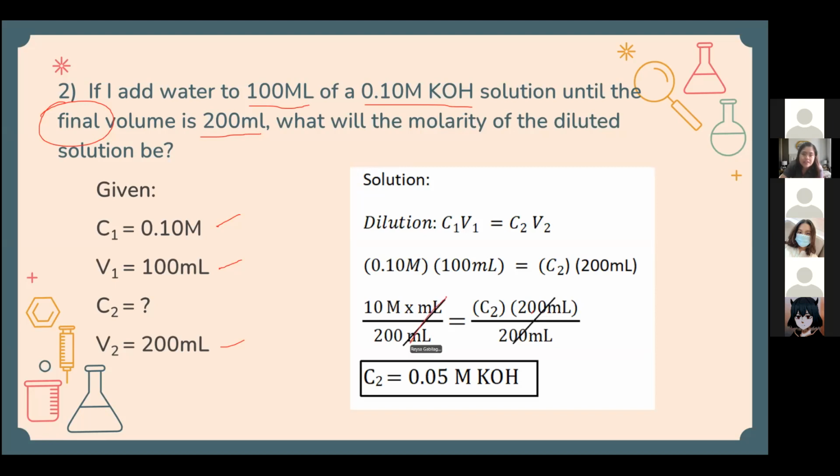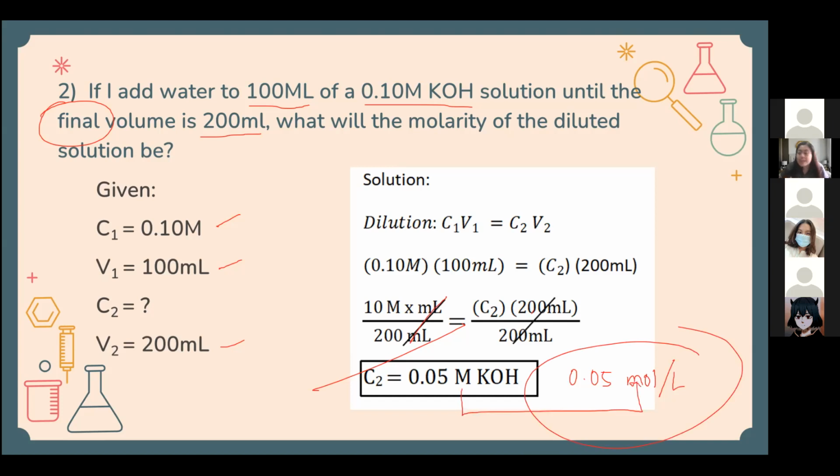Cancel the ml, class. You will be left with the molar, capital letter M. So 0.05 molar potassium hydroxide. Or if ever, class, ang ginamit nyo is 0.05 moles per liter, then this is still accepted because equal lang naman silang dalawa. Capital letter M or moles per liter.